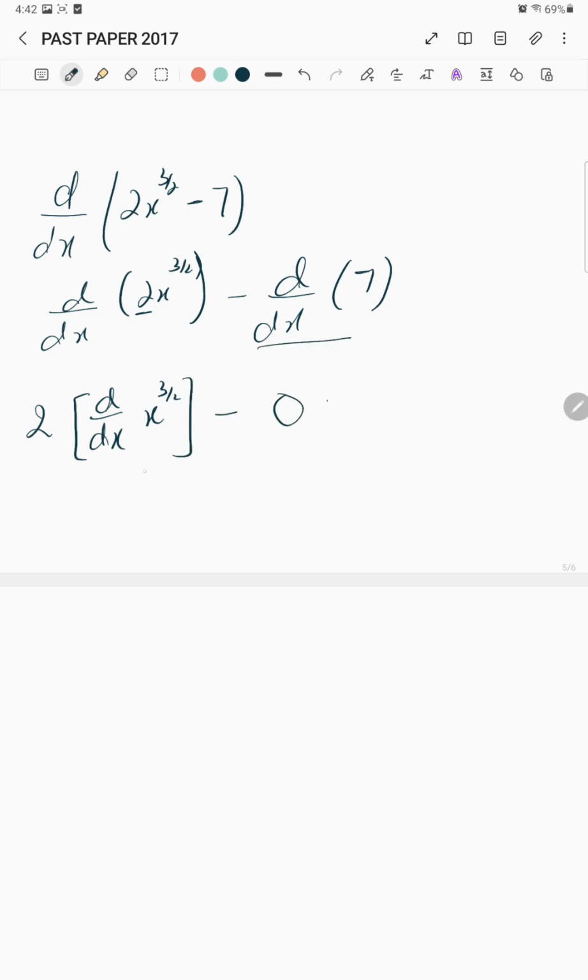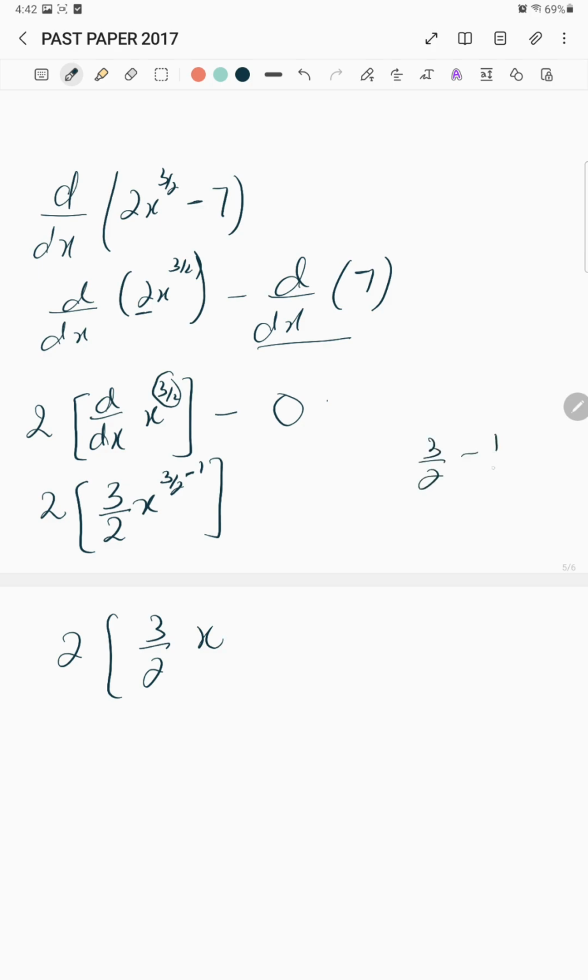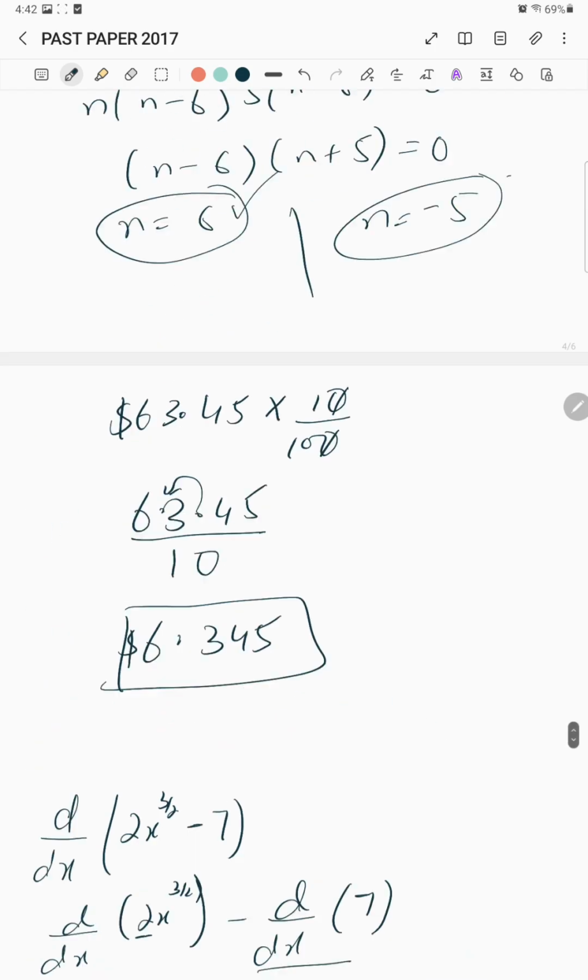Derivative of a constant is 0. So 2 times 3 by 2 x to the power 3 by 2 minus 1. What is 3 by 2 minus 1? 1 by 2. So 2 cancels, and it's going to be 3 times x to the power 1 by 2, which is equal to 3 square root x.